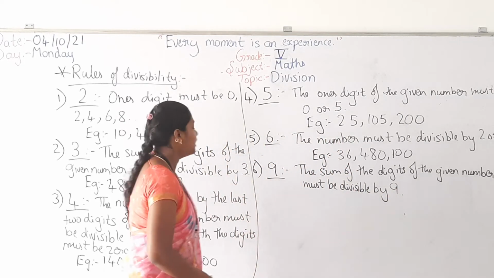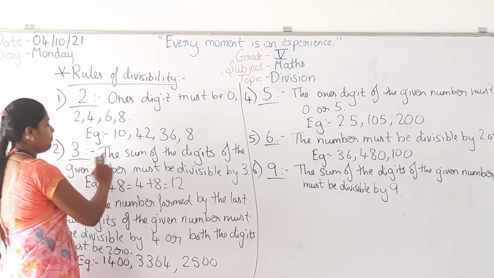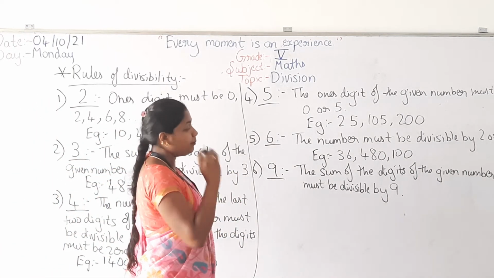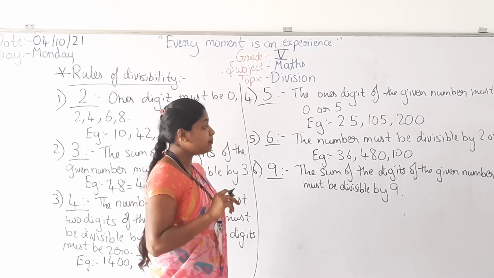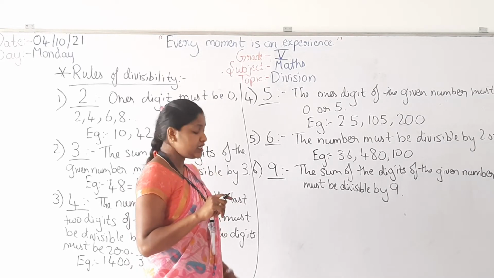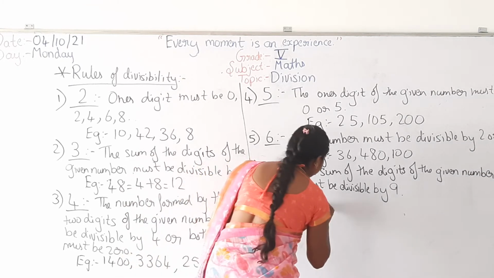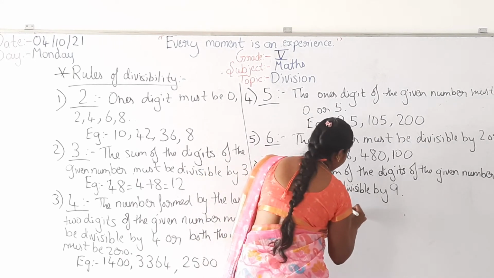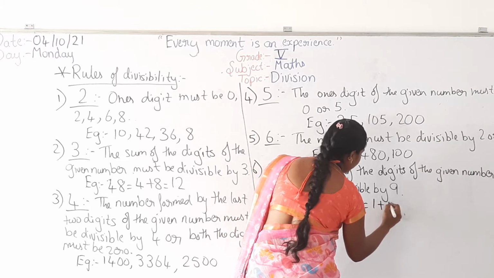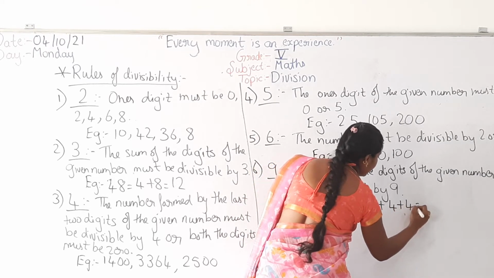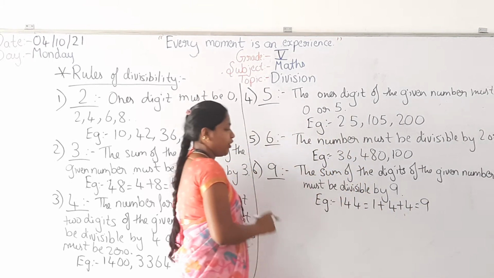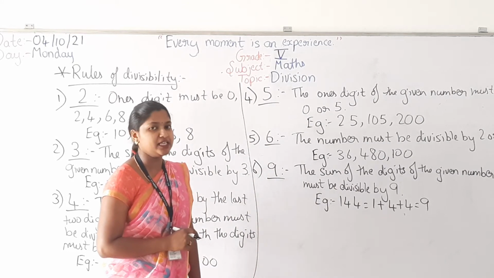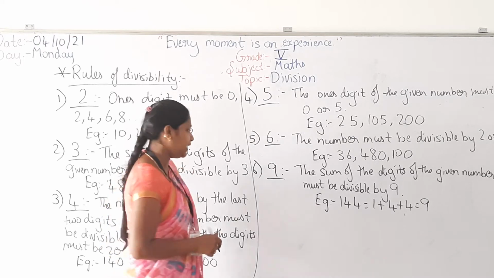Here, if the sum of the digits of the given number is divisible by 9, that means the divisor is 9. Example, 144. See, if you add this 144, 1 plus 4 plus 4 is 9. So if you add all these three numbers, you get 9. So the divisor is 9 only.